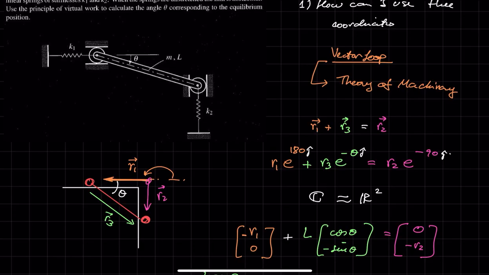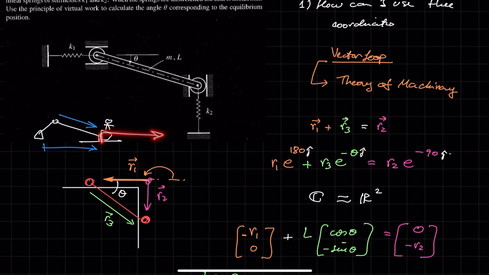For example, if you have a slider crank, it's very difficult to stand right here and see this vector and this vector, because if I move in that way, it's kind of difficult to understand what is happening standing right here. So it's easier to take the inertial frame.